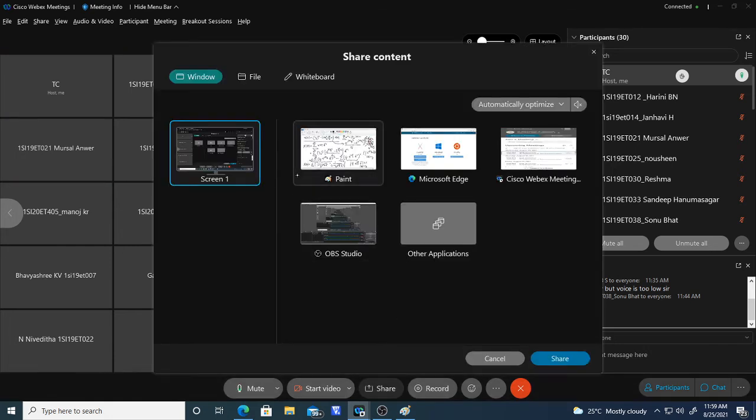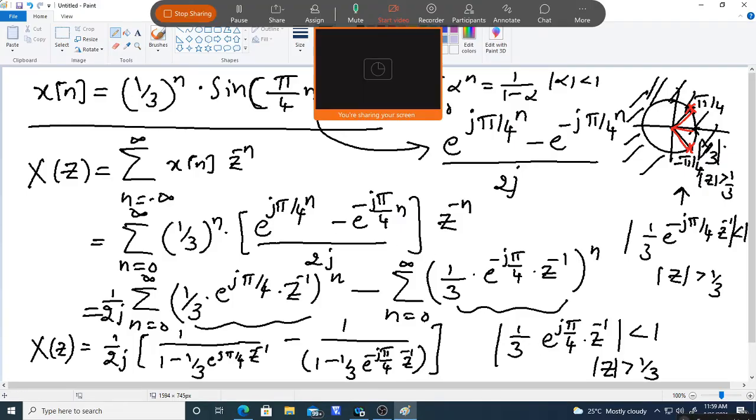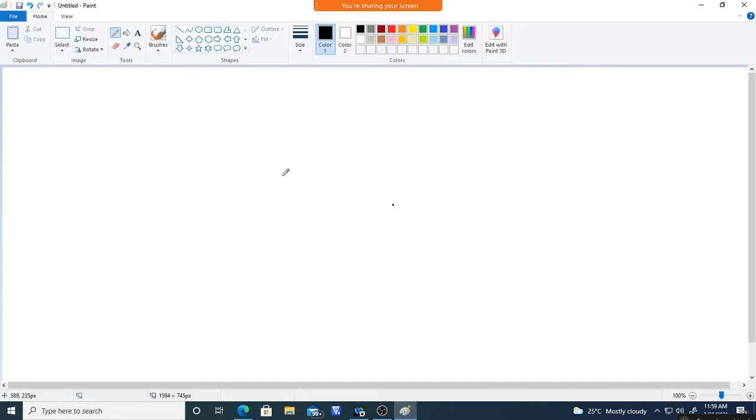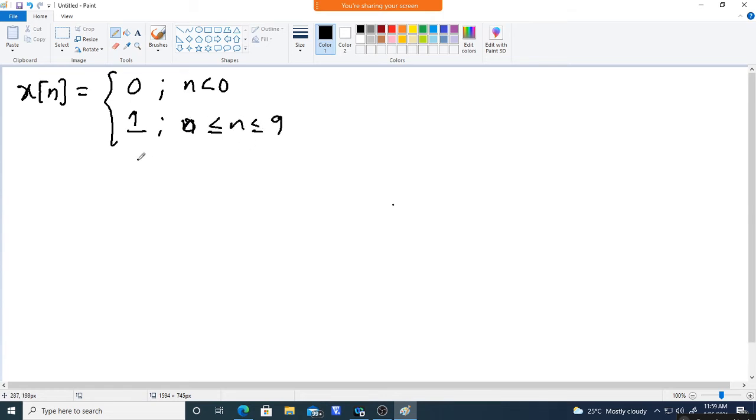Now you try to do this problem. Determine the z transform of this sequence, which is 0 for n less than 0, 1 for n between 0 and 9, and 0 again for n greater than 9.